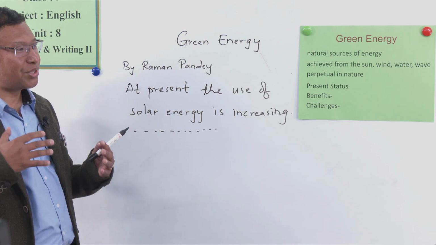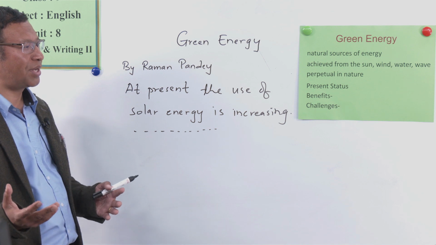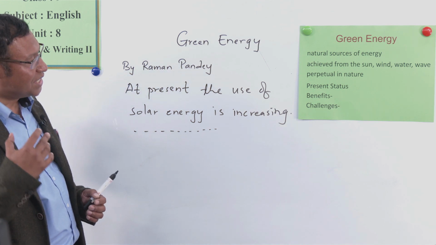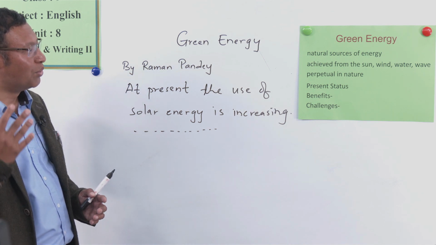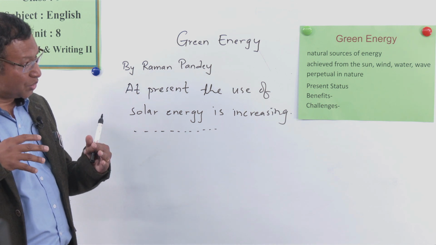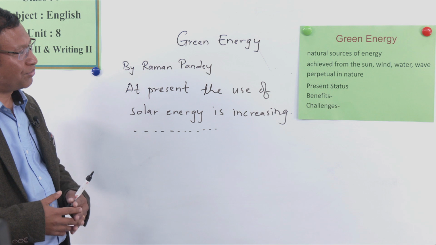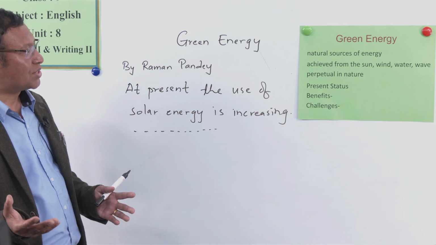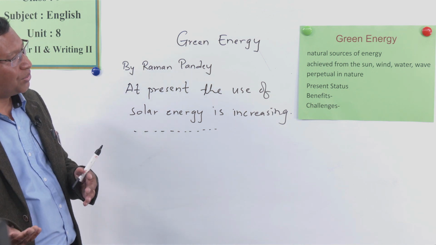It has been used in the houses, in the industries, for heating, and for cooling, for burning, for cooking. So for various purposes, sun energy, solar energy have been used.